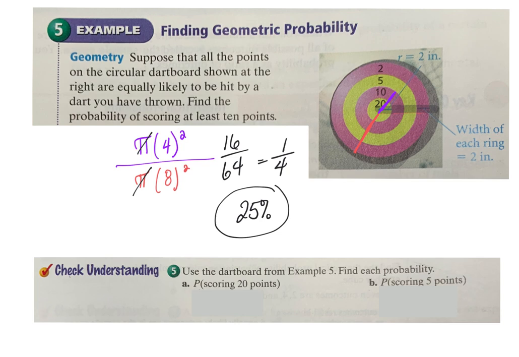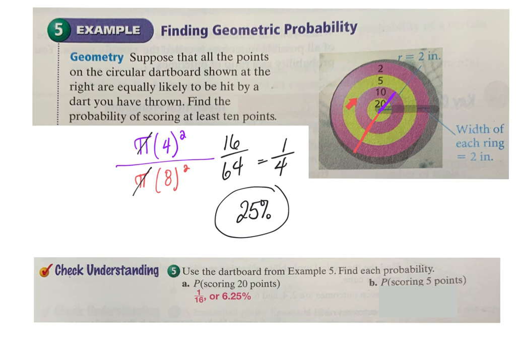All right, let's look at these. Scoring 20 points. You just had to take the inner circle, which was a radius of 2, over the entire circle, which was a radius of 8. And you should have gotten 1/16, which is 6.25%. For the second one, you actually had to take a radius of 6 and subtract out a radius of 4 because you just wanted this 5.